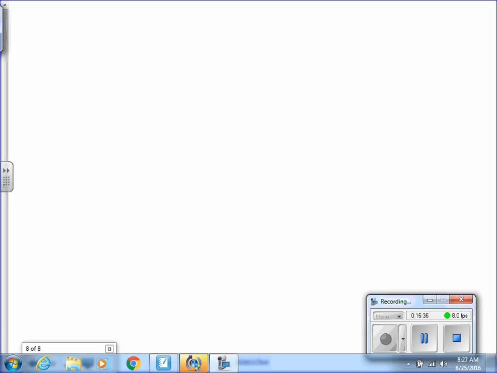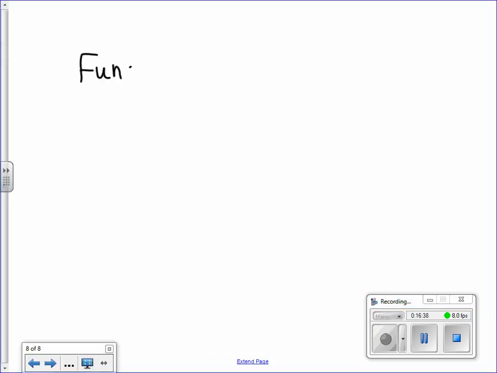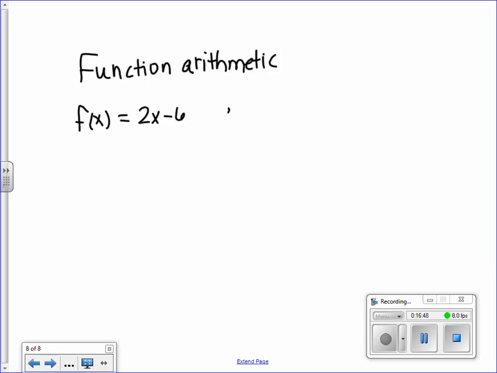Alright. Some of you have already done this on your assignment, function arithmetic. f of x plus g of x.